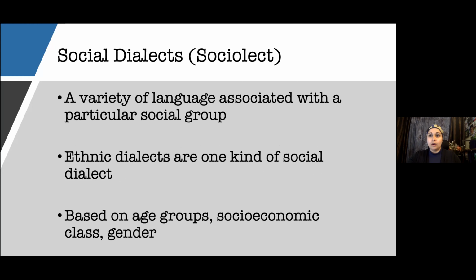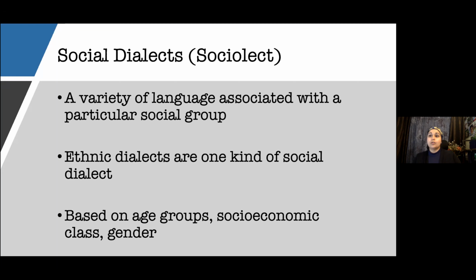Social dialects are varieties of language that are associated with a particular social group. So for example, as a New Yorker, when I moved to Jersey, people would know that I had a New York accent because when I got really mad or really upset, my R's disappeared, as often we do in this region. Believe it or not, in some areas, removing your R is considered being of a working class or a lower socioeconomic status.